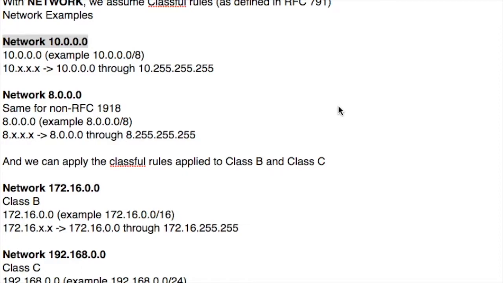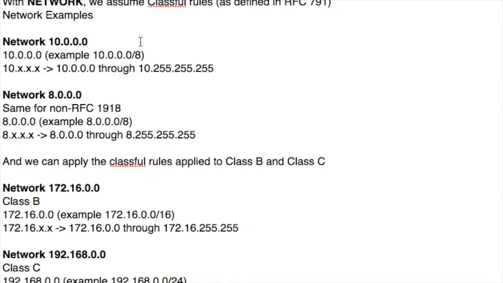So here's some examples of what I would consider a network. When we see the keyword network, we're seeing it in this context. A lot of routing protocols look at things based on default summarization based on classical rules.